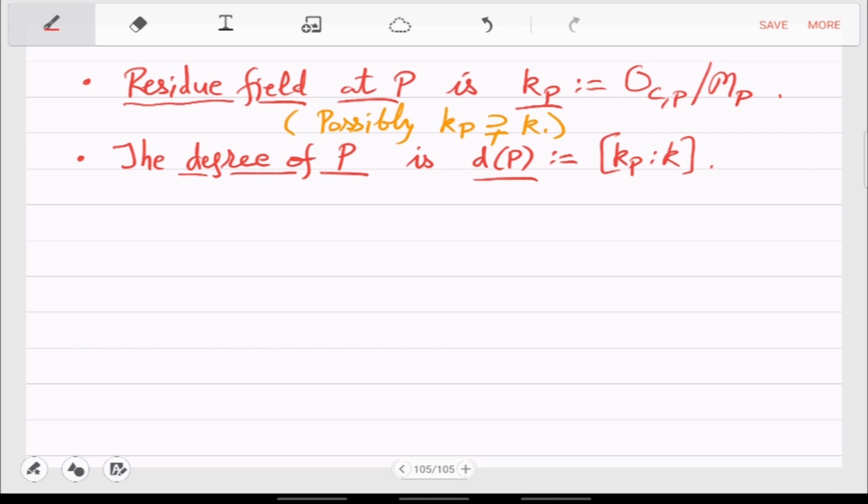Is this clear? So if you go from GF(q) to GF(q squared), then the degree, for example, is 2. And if you go from GF(q) to itself, then the degree is 1. So in the algebraically closed field case, degree is always 1. Now it may not be 1. Okay, so that's the big change that can happen.